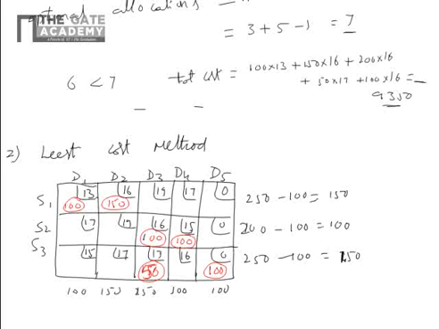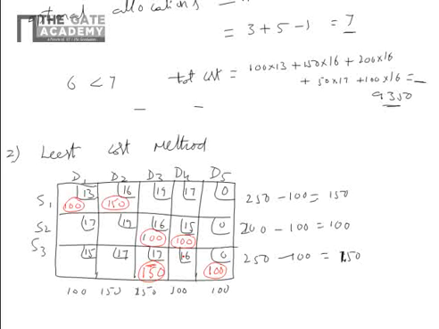Now let's check D1 demand: 100 allocated, 150 allocated. Here it is actually 150. So 250 allocated, 100, 100, so everything got allocated.